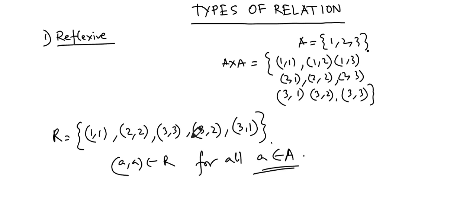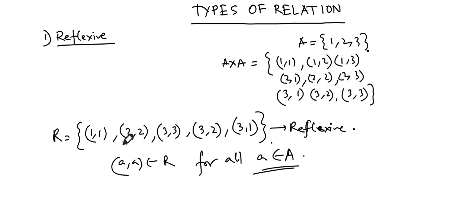So this is a reflexive relation. (3,2) and (3,1) are not a factor here, they don't matter. If a relation contains (1,1), (2,2) and (3,3), then that is a reflexive relation. Any relation which contains (1,1), (2,2) and (3,3) would be a reflexive relation.